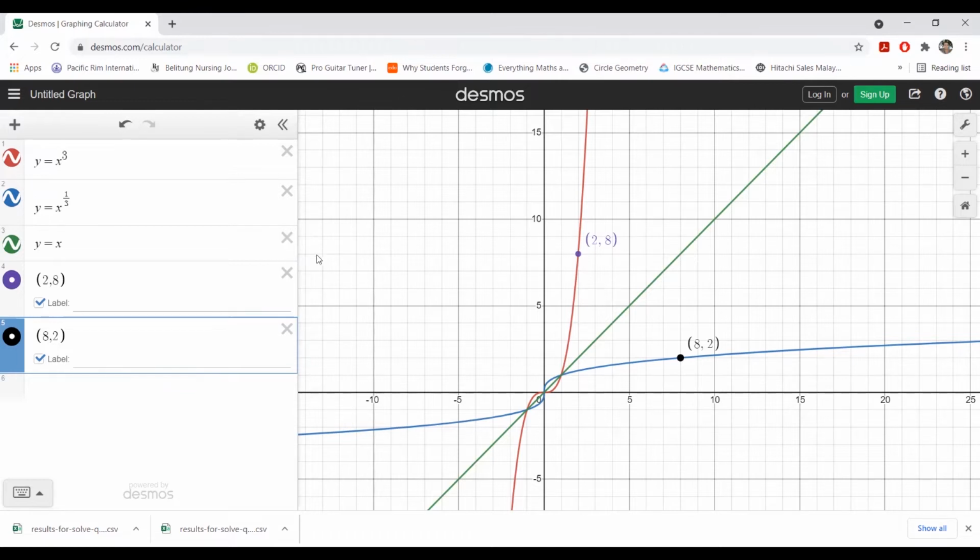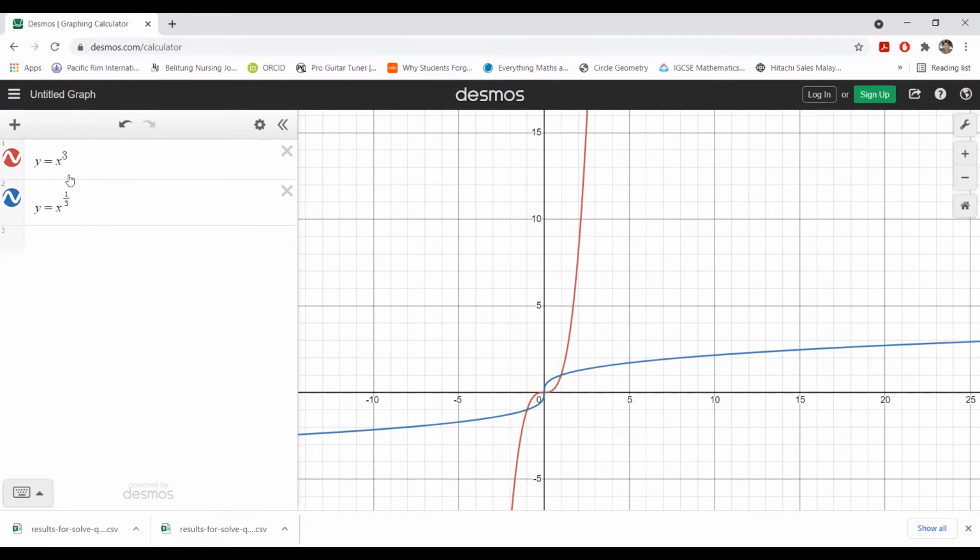Now, what they do in the book to show that these are inverses of each other, we do a composite. So what we'll do, we'll put x to the 1/3 inside x cubed.